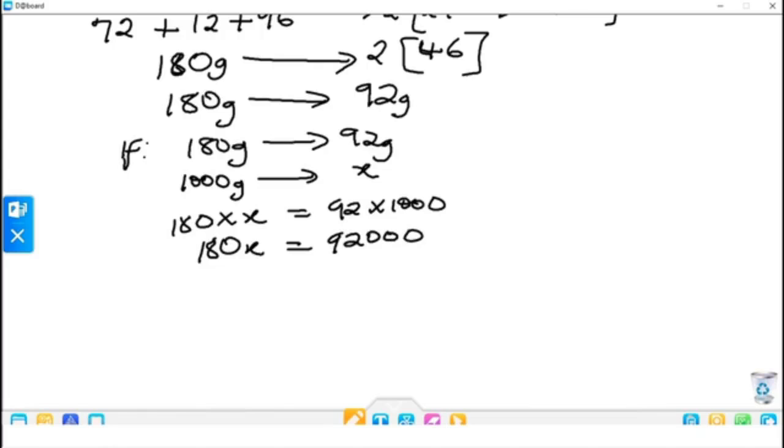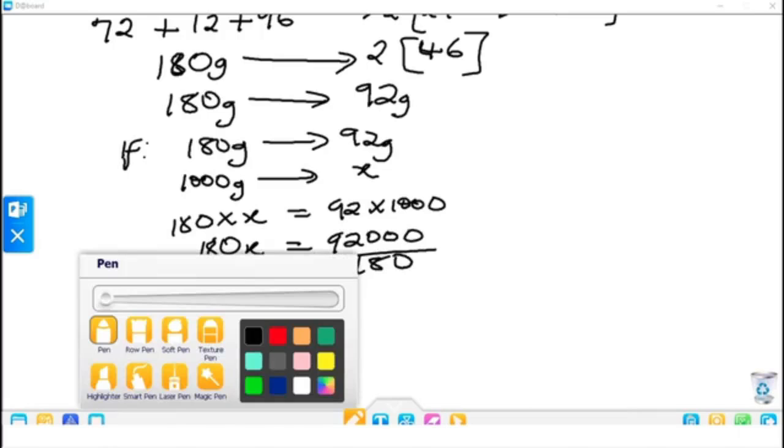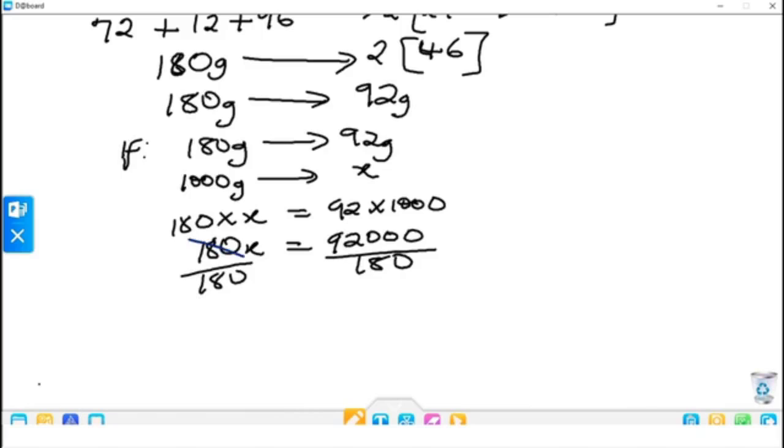Dividing both sides by 180, 180 takes care of 180. Therefore, X is equal to 92,000 divided by 180. That gives us 511.11 grams. And to a whole number, X is 511 grams.